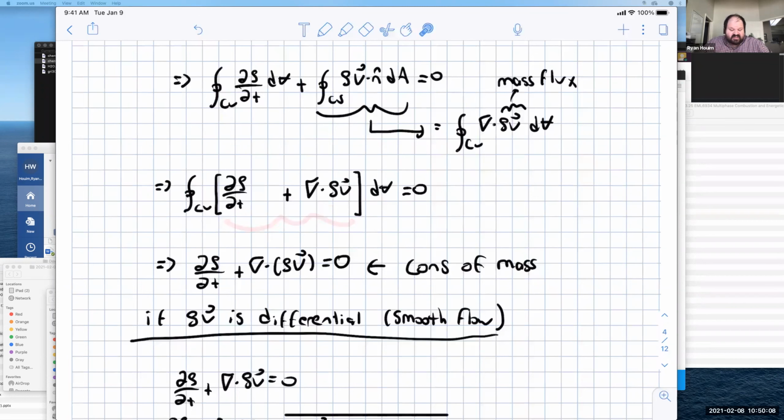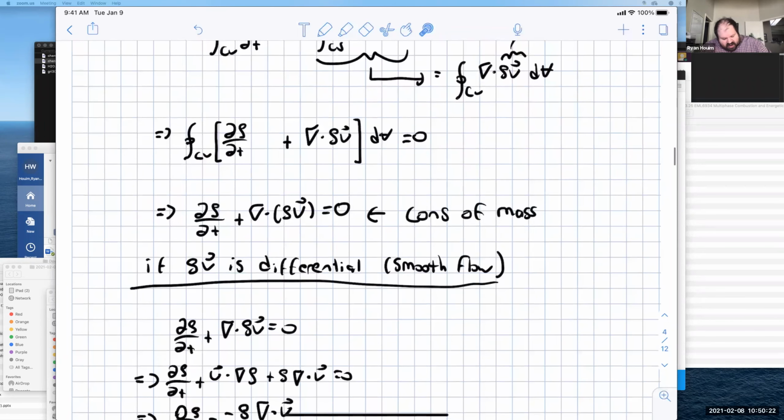Then this statement is always true regardless of what the control volume is. So we can conclude that conservation of mass in differential form is the time rate change of density plus the divergence of the mass flux, and that's equal to 0.